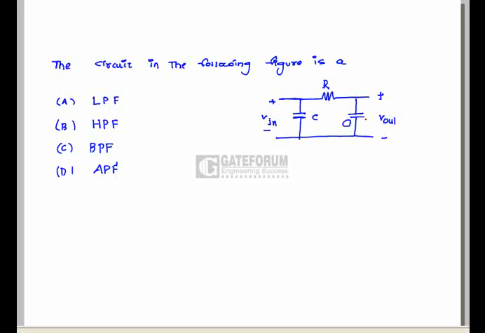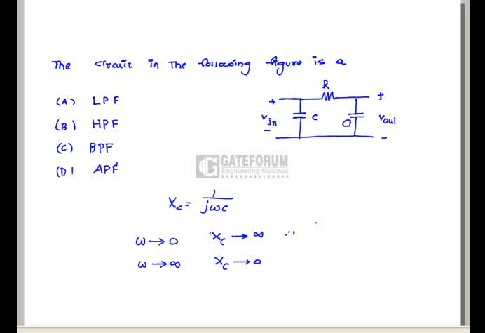Here the question is, we need to specify what kind of filtering action is performed by the given network. Here the reactance of a capacitance is given as Xc equals 1 by j omega c, means omega tends to 0 means reactance of capacitance tends to infinite, whereas omega tends to infinite means reactance of capacitance tends to 0.